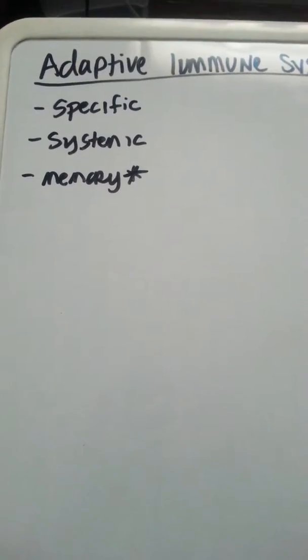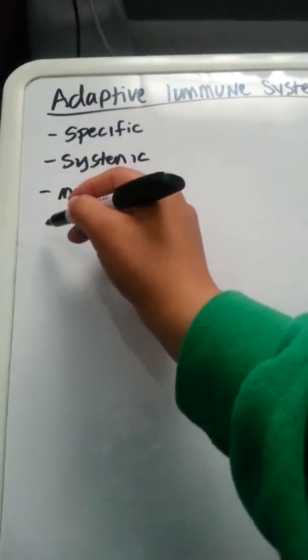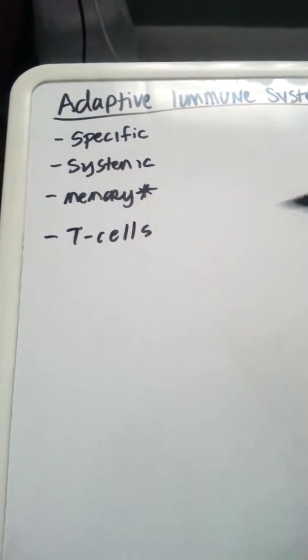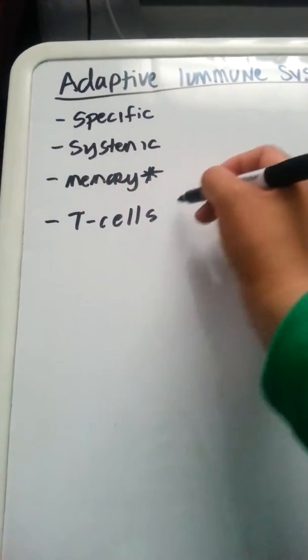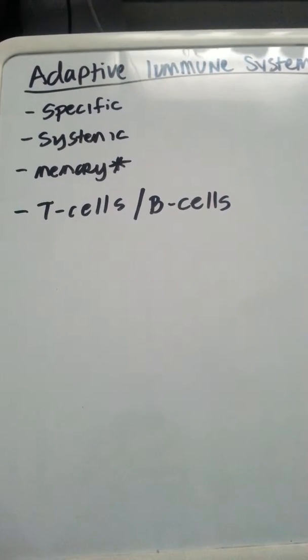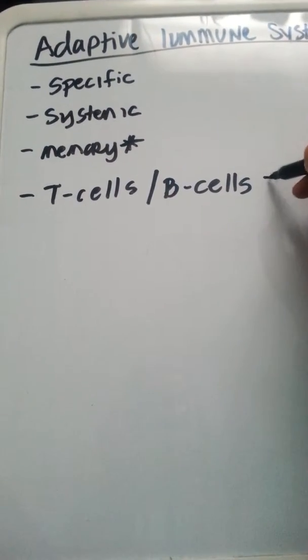After that, it also has T cells, which are cellular immunity and cell mediated. And then we have B cells, which are humoral immunity and antibody mediated. These two are lymphocytes.